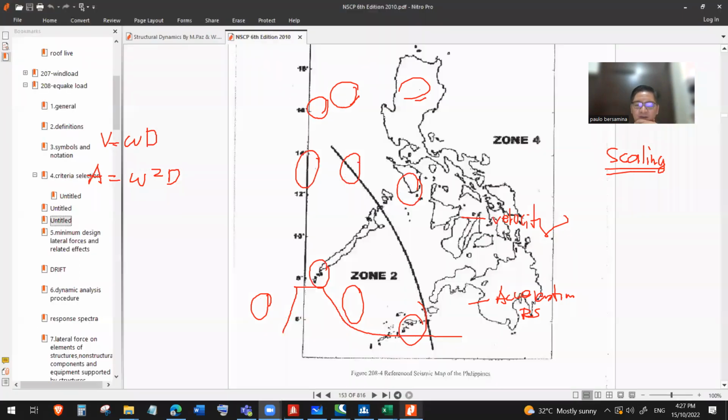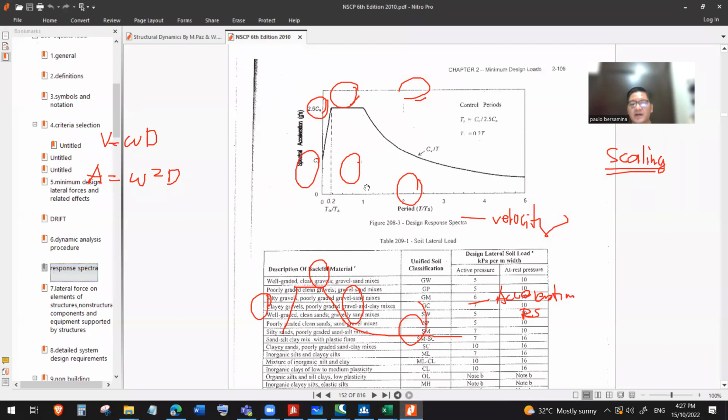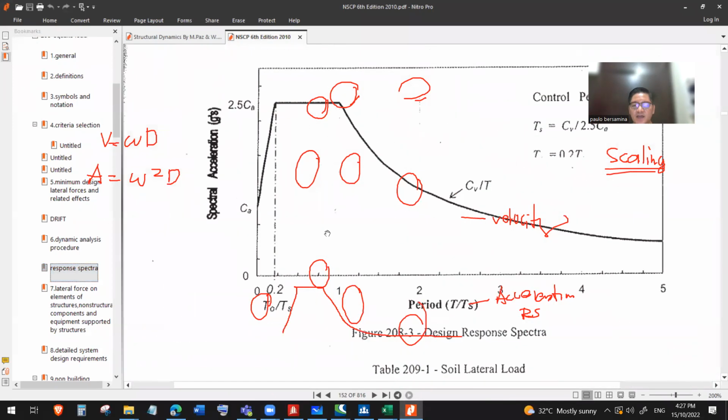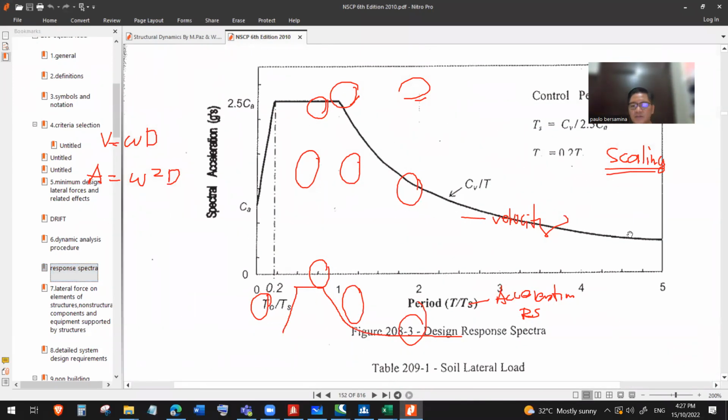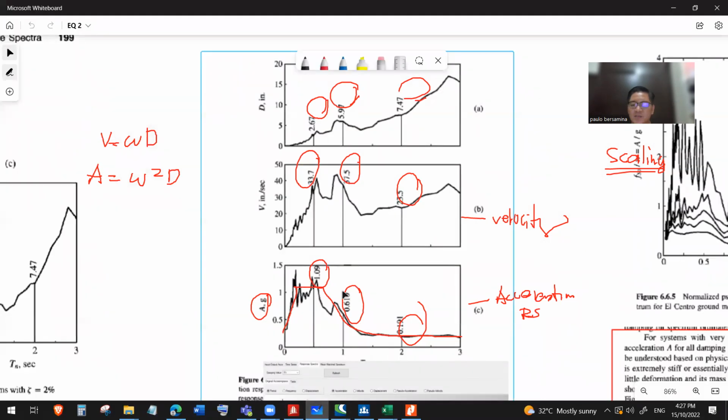Okay, so if I open our NSCP response spectra, yeah, diba? Syempre in-smoothen na lang sa code. Okay, and of course this one. So that's the acceleration response spectra.